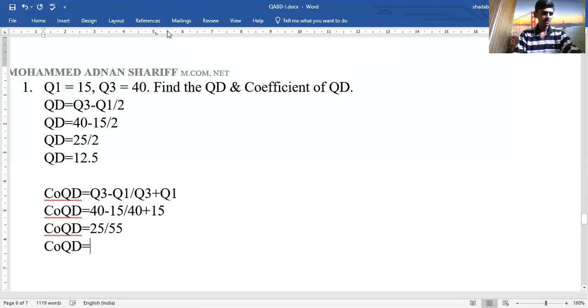If we divide 25 by 55, we will get 0.45. This will be our coefficient of quartile deviation. This is a very simple problem.